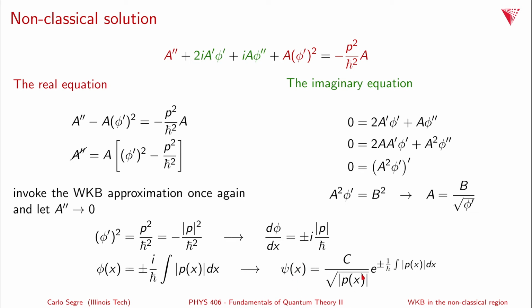So we have psi of x equal to c over the square root of, now phi prime, from our definition here, it's just going to be the absolute value of p of x, times e to the plus or minus 1 over h bar, so this is a real exponential, times the integral of the absolute value of p of x dx.